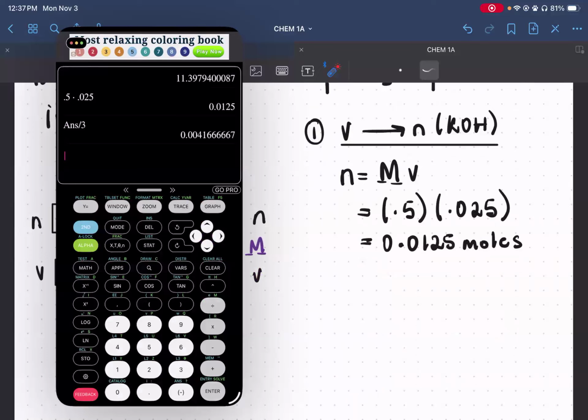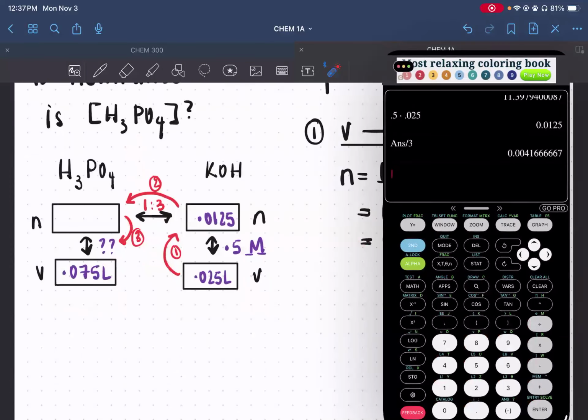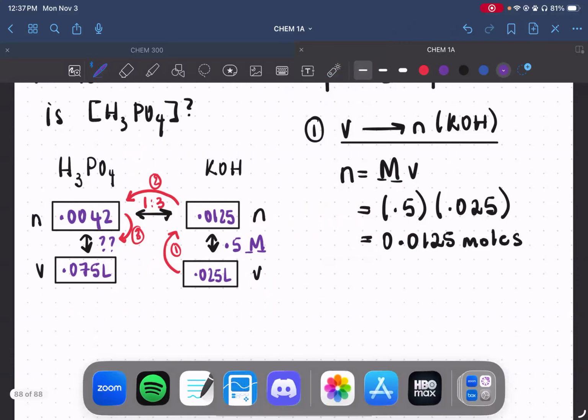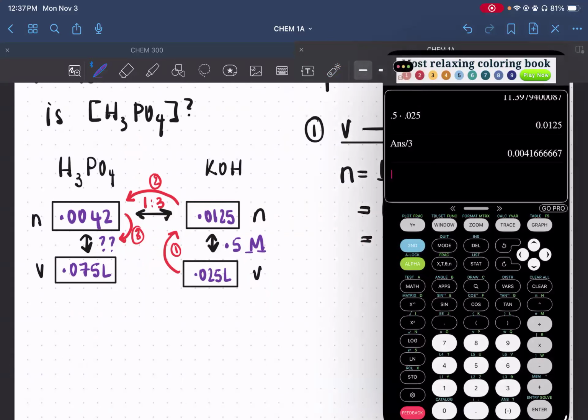Dividing that number by 3 leads us to a pretty small number. Let's write that into our brackets here. This is 0.0042. Notice I did simplify it to get to 2 significant figures, 0.0042.